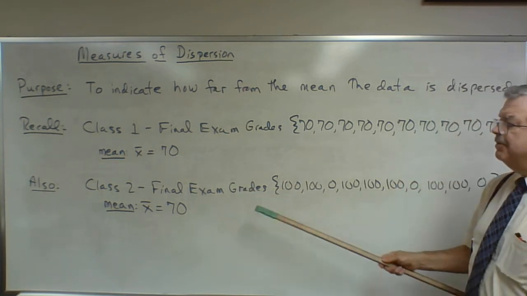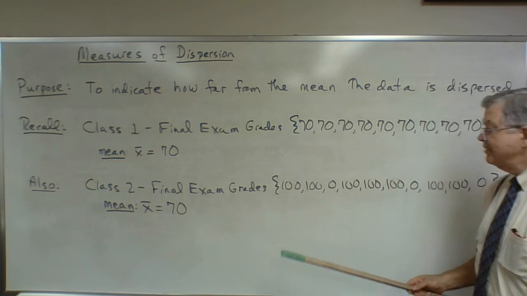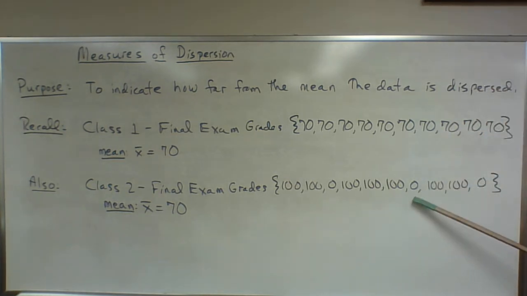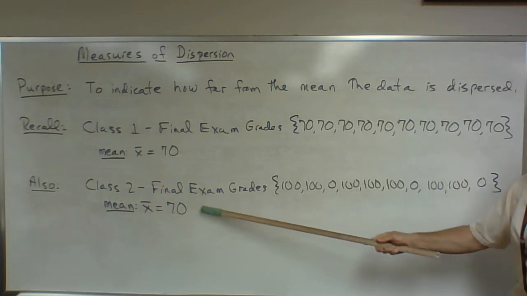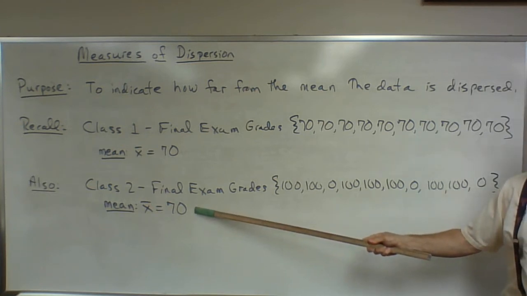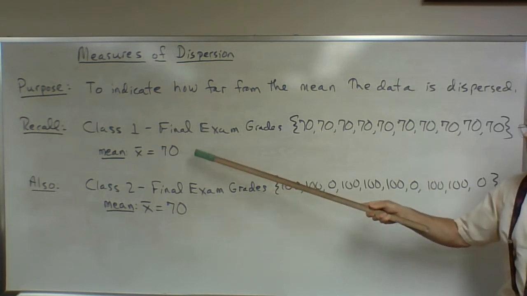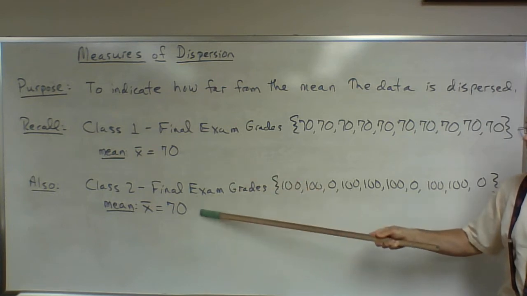Now compare this with class 2. 100, 100, 0, 100, 100, 100, 0, 100, 100, 0. 7 100s and 3 zeros. The arithmetic mean final exam grade was a 70. Both classes had a mean final exam grade of 70.